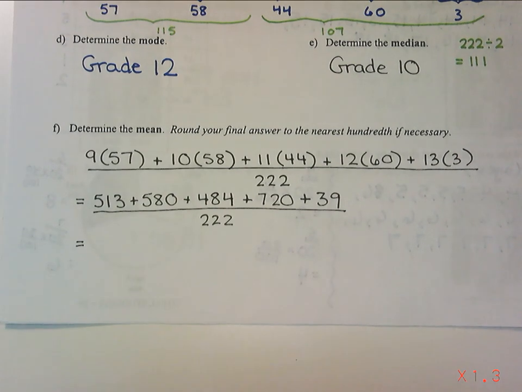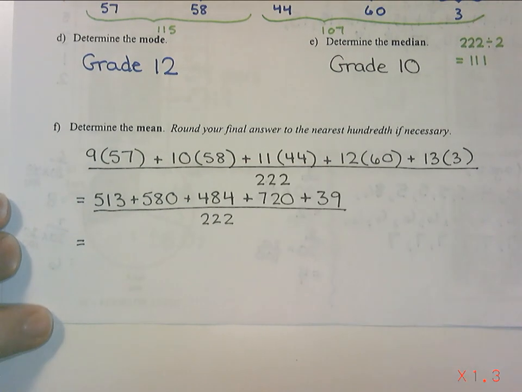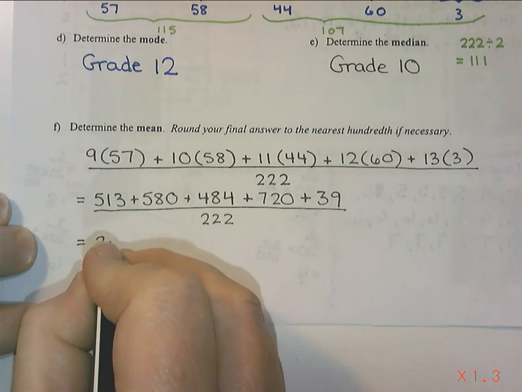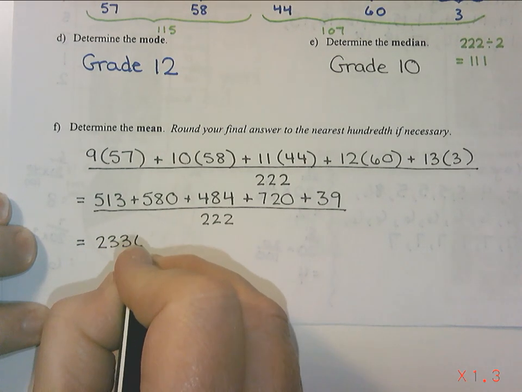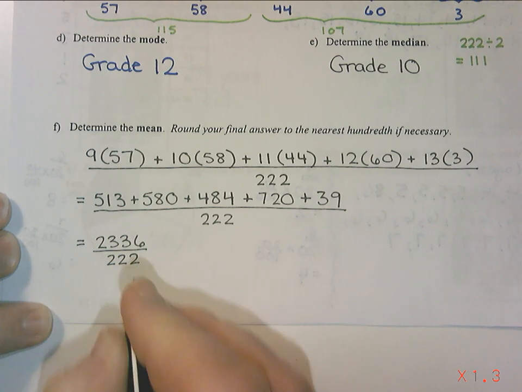All right, I'm going to add those things together. So I have 513 plus 580 plus 484 plus 720 plus 39, and I get 2,336. We're going to divide that by 222.